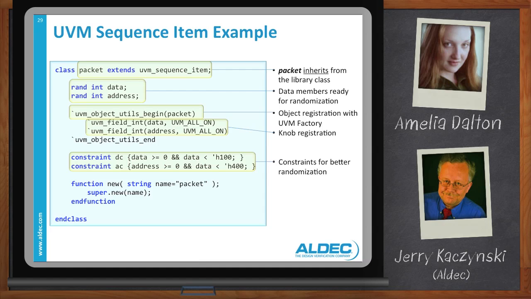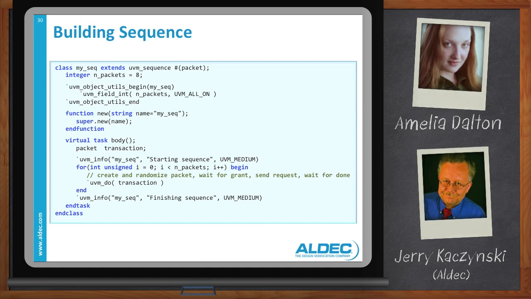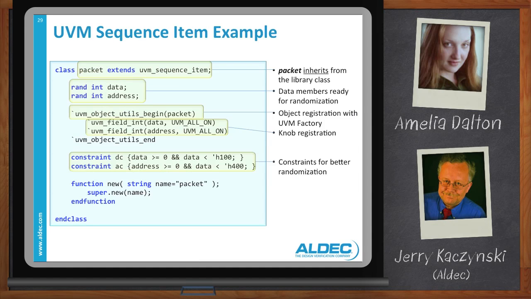So long story short, if you translate it into bit level data, you would say that we request that data field should be 8-bit and address field should be 10-bit. The remaining part is standard class constructor, nothing really revolutionary here.